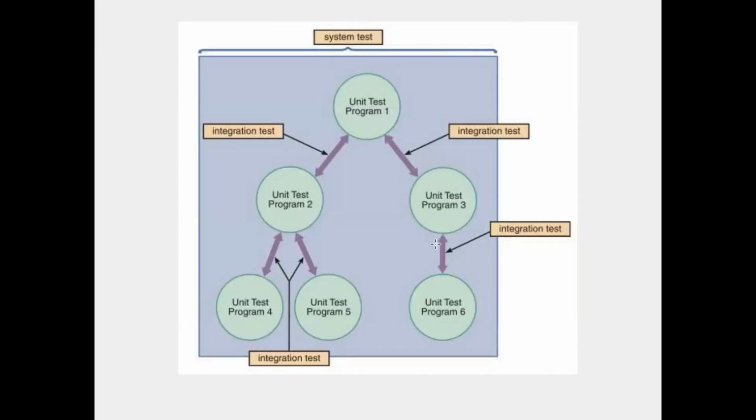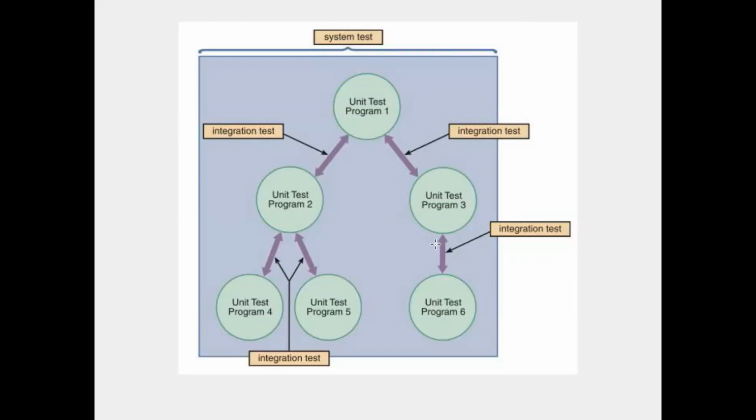Now, this diagram shows you all the possible tests. For example, at the unit level, we have the unit test program, and then we extend that to unit test program 2 and unit test program 3, which can again be merged. Then under that, you have unit test program 4 and program 5.